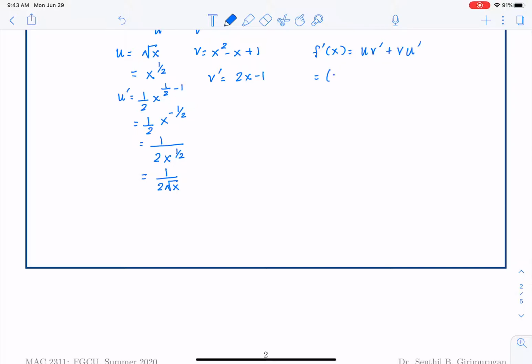So u is square root of x. v prime is 2x minus 1. v is x squared minus x plus 1. And u prime is 1 over 2 times root x. Again, it's not necessary to simplify it further in this problem unless you believe that simplification is going to get rid of some terms and simplify it more than what it is right now. It is best to leave it as is.